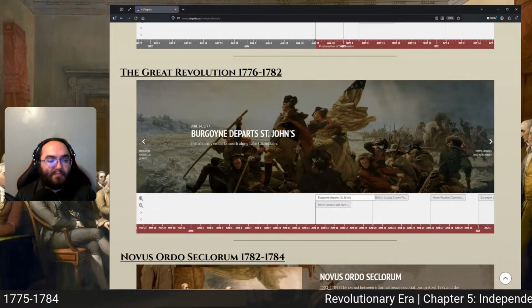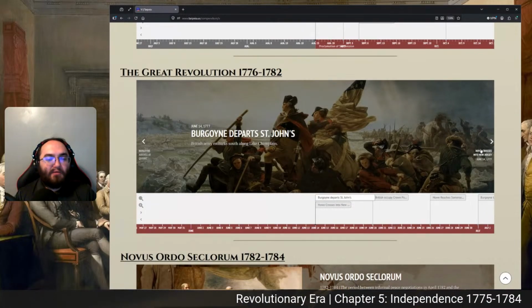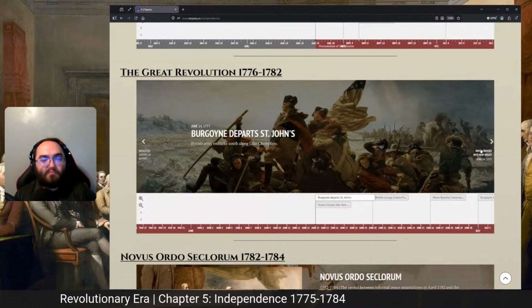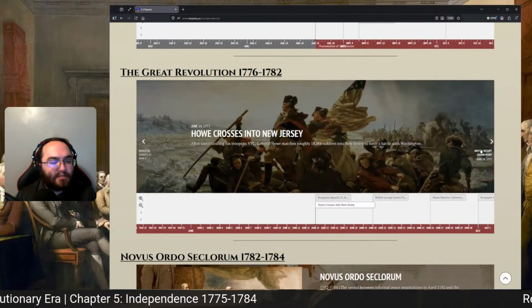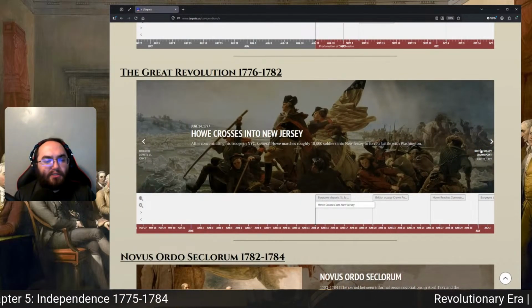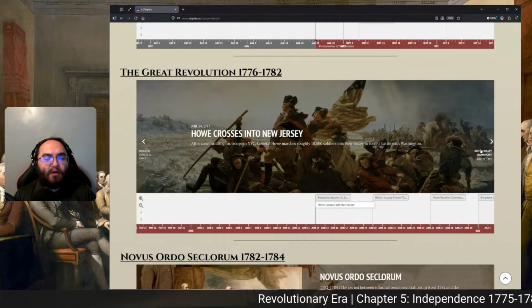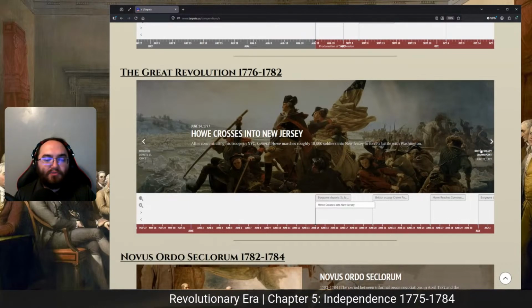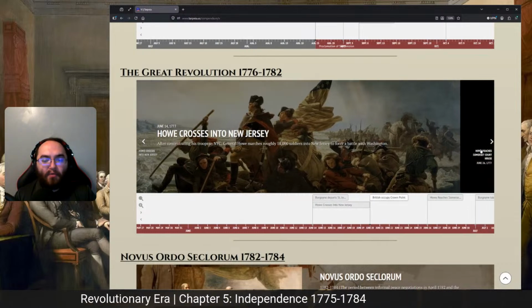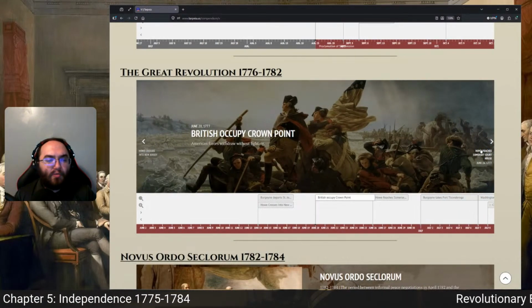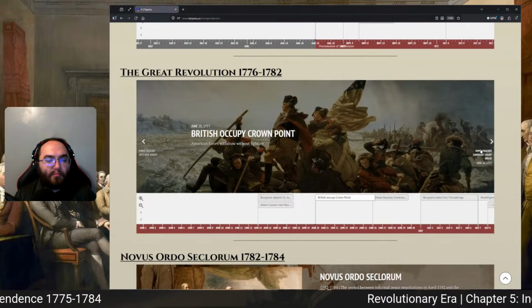So Burgoyne departs St. John's, south along Lake Champlain, from Canada to modern-day United States. Howe crosses into New Jersey. After concentrating his troops in New York City, General Howe marches roughly 18,000 soldiers into New Jersey to force a battle with Washington. And the British will occupy Crown Point.